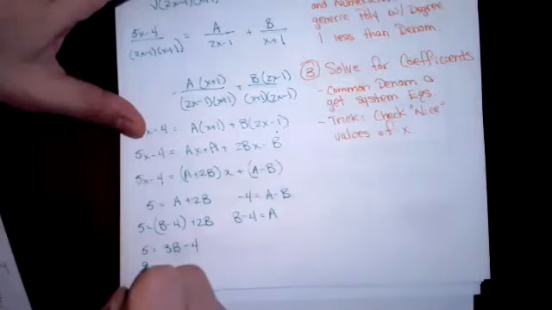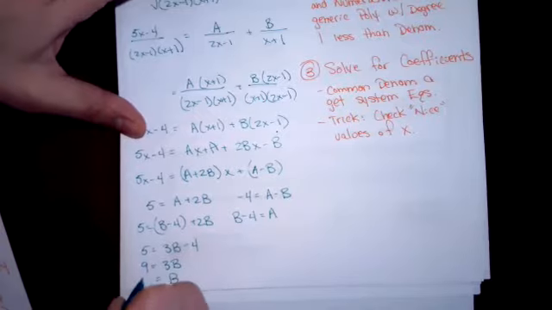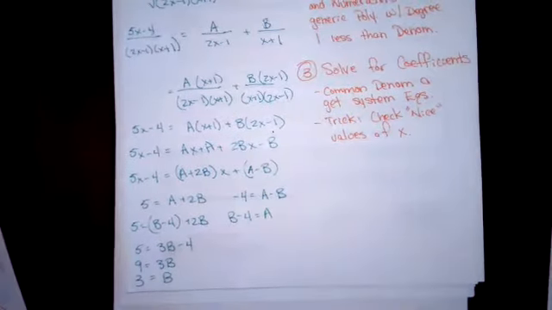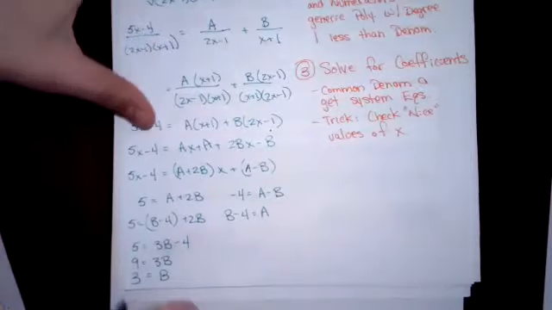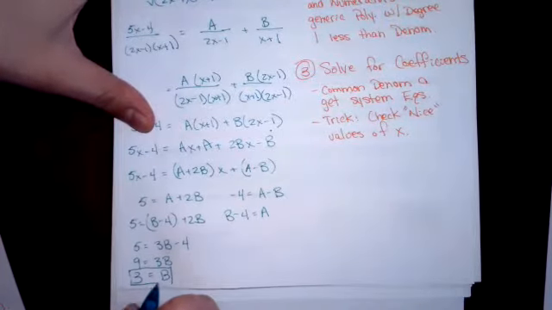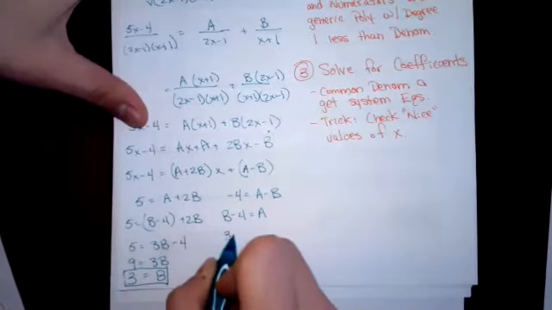I add the 4 over, we get 9 is equal to 3b, and b is equal to 3. You guys still seeing that? Yeah. So we solve for our b. And then, of course, I can solve for a.